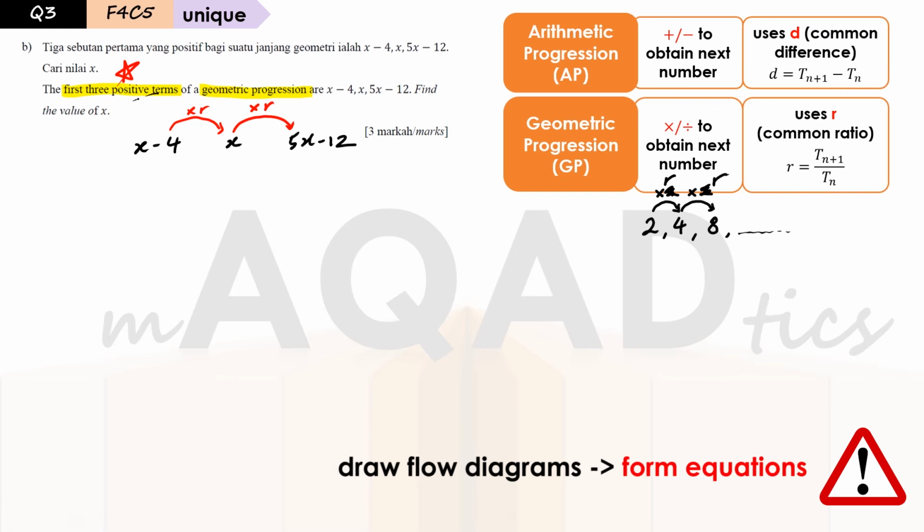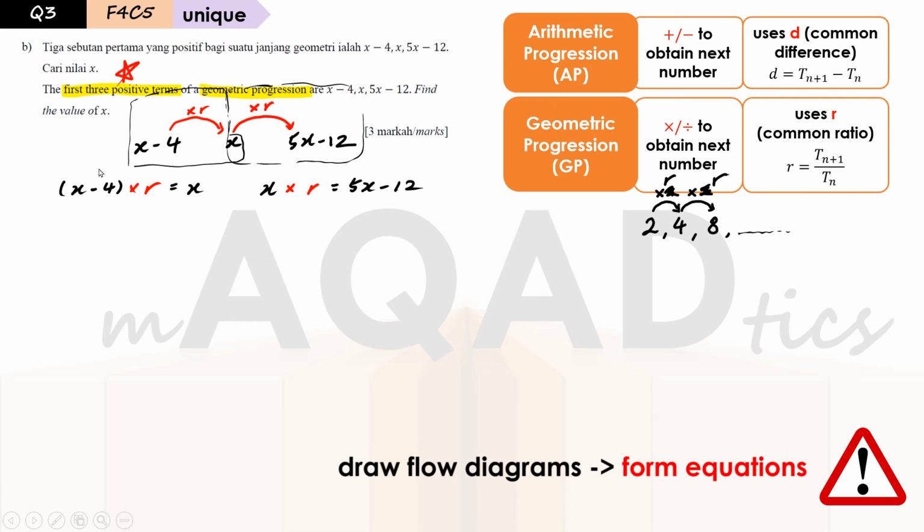For the first part of the diagram, x minus 4 multiplied by r gives x. For the second part of the diagram, x multiplied by r gives 5x minus 12. Since both of the equations have r, I'm going to remain r on the left side and move everything else to the right side.